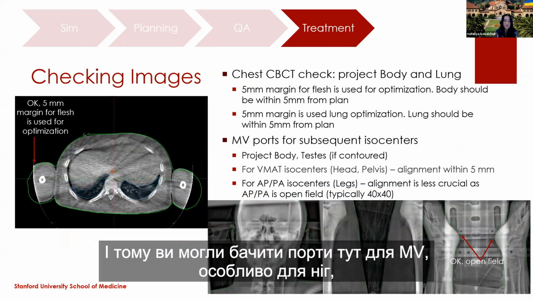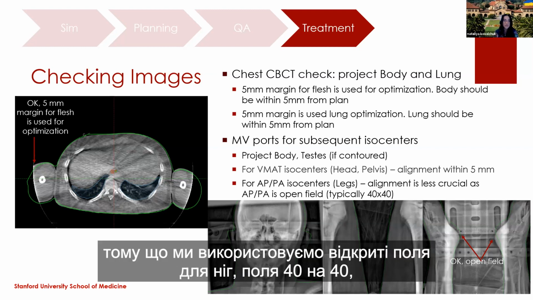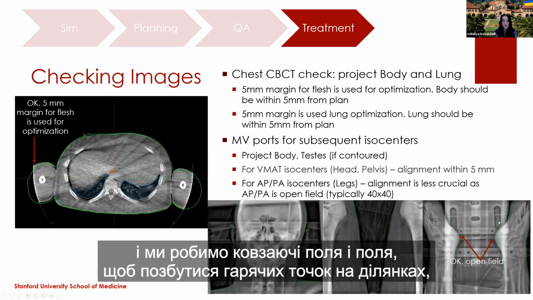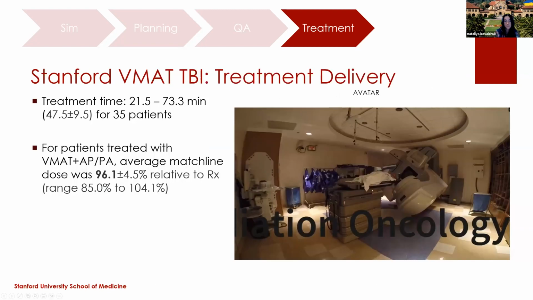And so you could see the ports here for MV, for the legs especially. There's less of a requirement for accurate placement of extremities because we are using open fields for the legs, 40 by 40 fields, and we do slide field-in-fields to get rid of the hot spots of the match line areas.